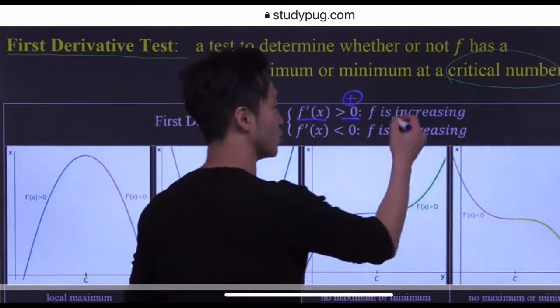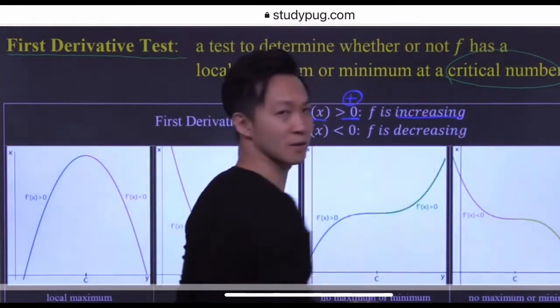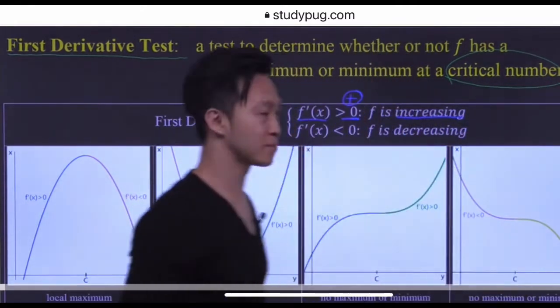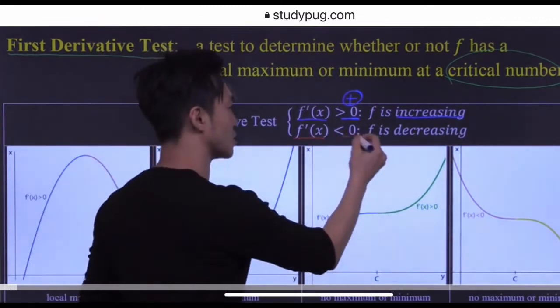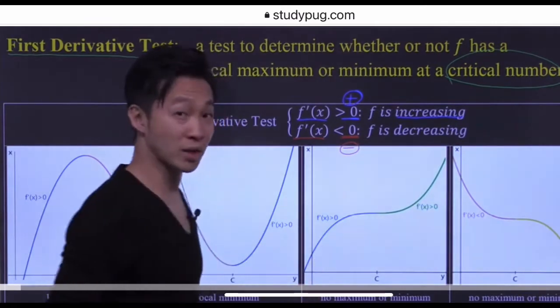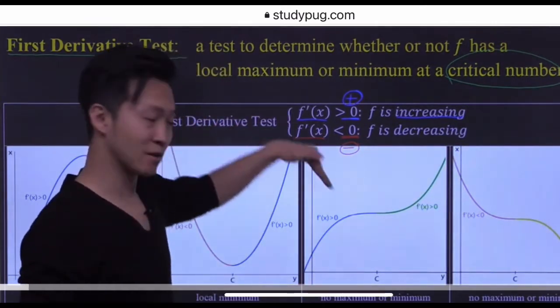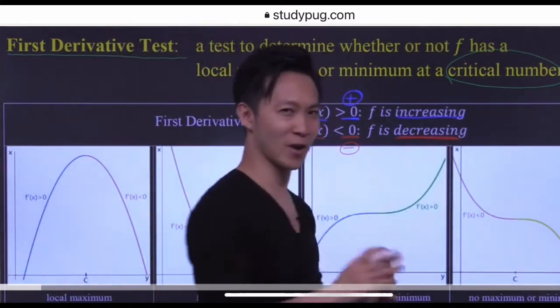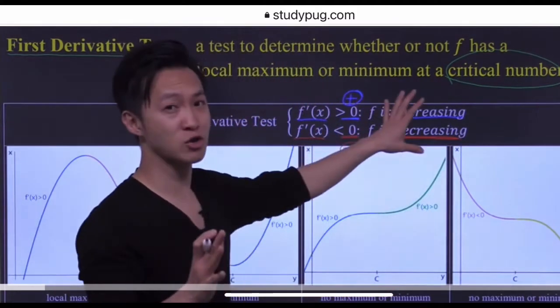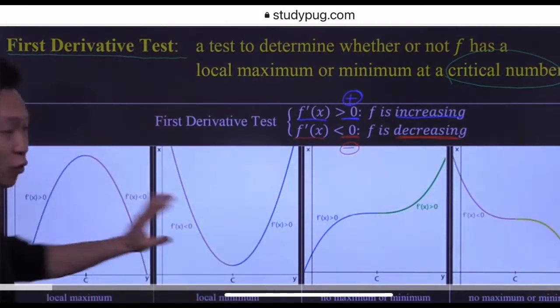Increasing, right? We know the function is increasing. Now, when the first derivative of the function is less than 0, is negative. When the slope of the tangent line is negative, we know the function is decreasing, right? So that's just some background information you have to know before we consider these 4 cases.